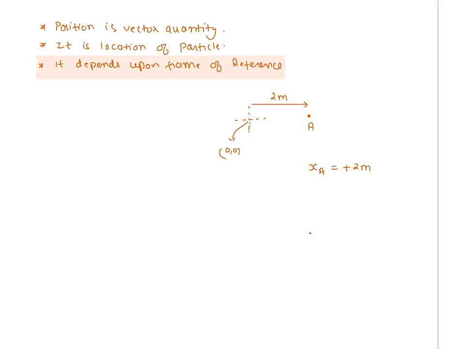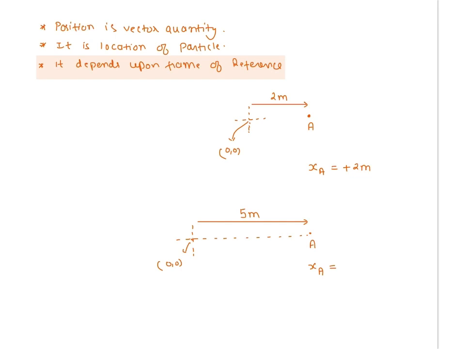But suppose we have particle A here, we haven't changed its position, right? But instead of taking origin here, I am taking origin here. So let this be the origin. So if this is origin, and if I measure this distance and suppose this distance comes out to be 5 meters, then what will be position of A here?